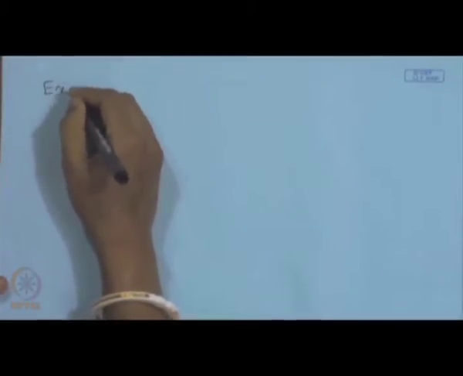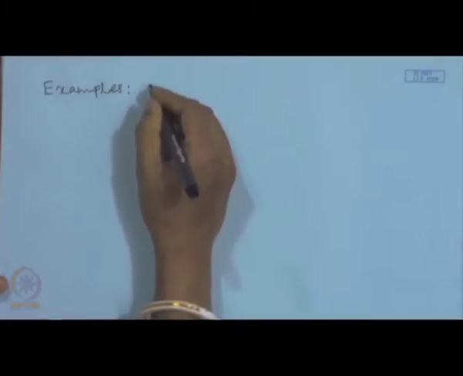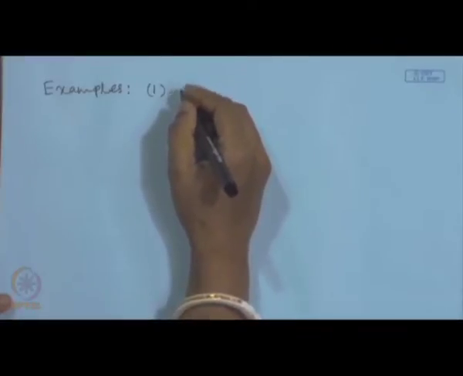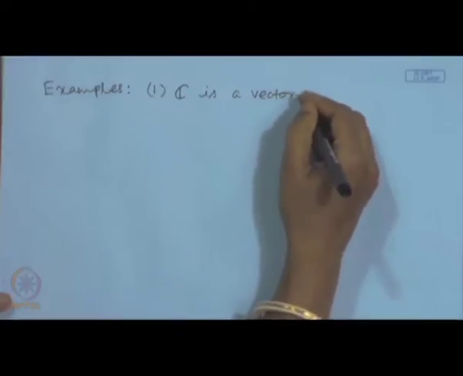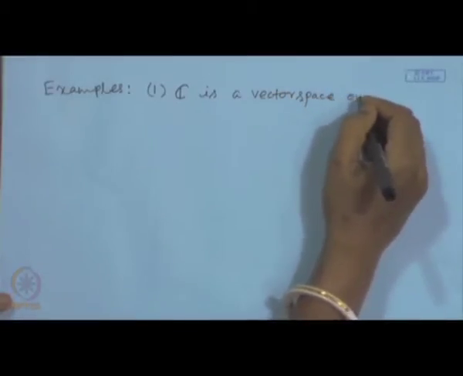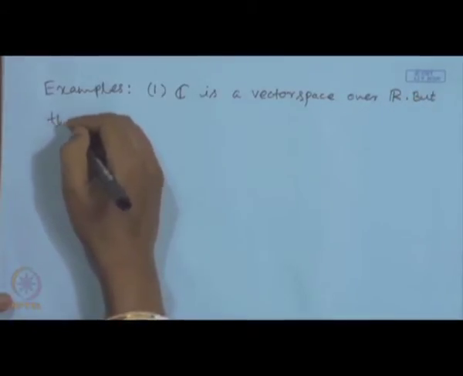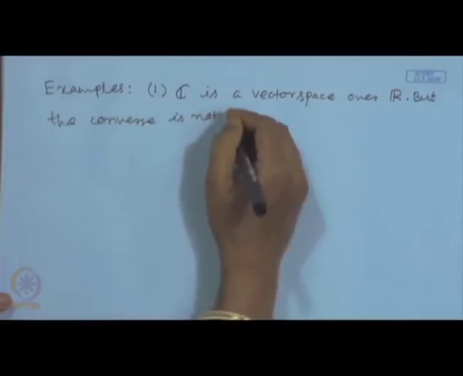Next we will have some examples of vector spaces. So, the first example, that is a very natural one, is that the set of complex numbers C is a vector space over the real field R, but the converse is not true.